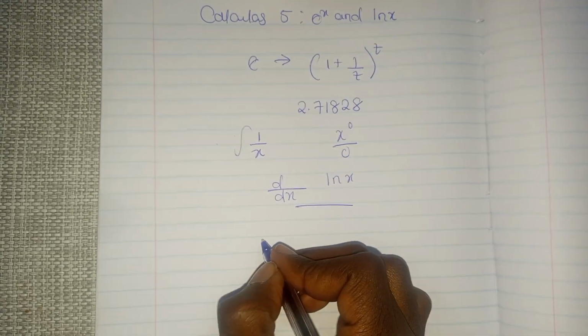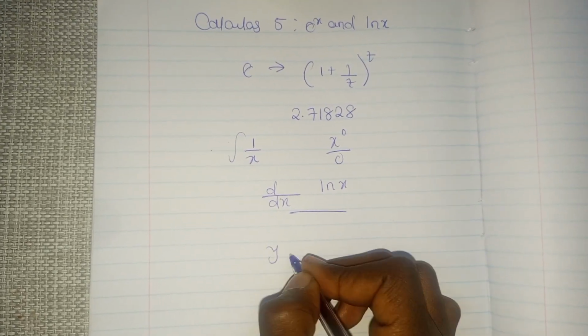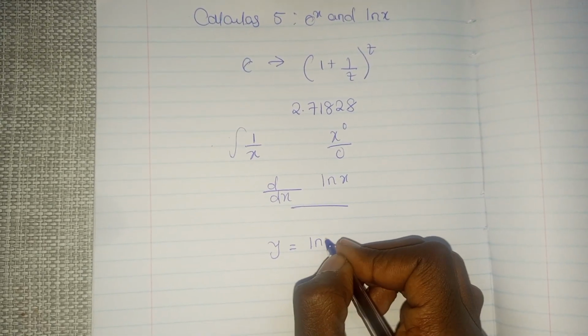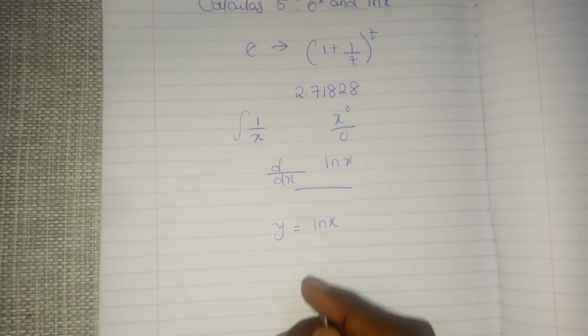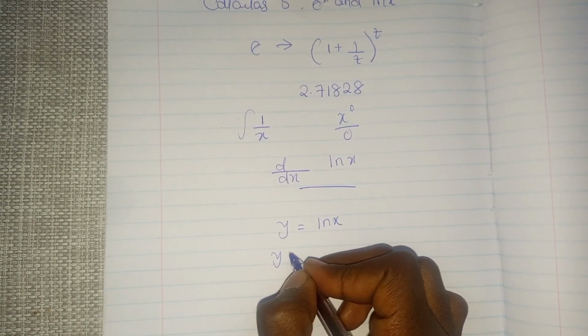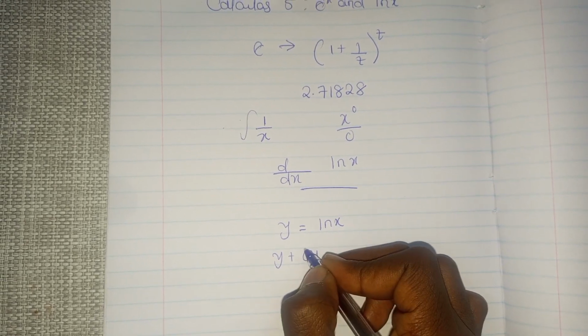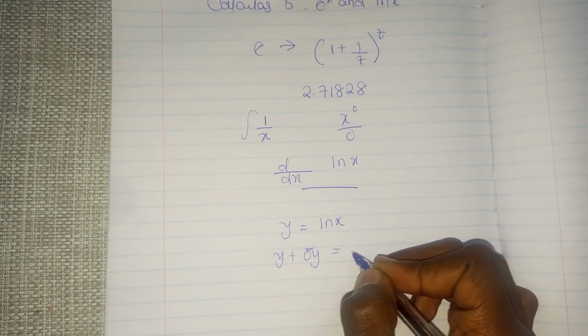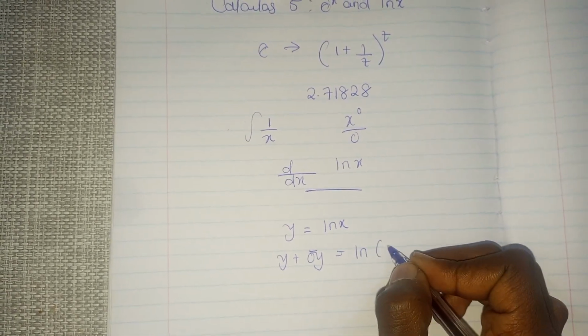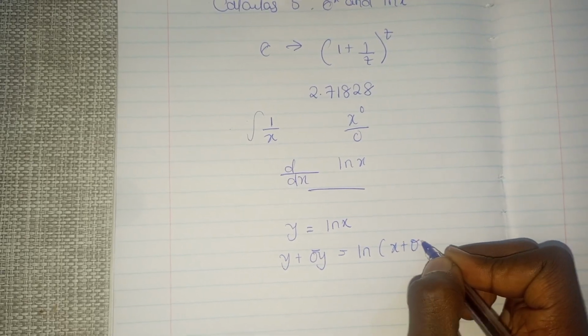So if we are to take a given function y equal to ln(x) and we are to add increments to that, so we have y plus increment y equal to ln(x plus increment x).